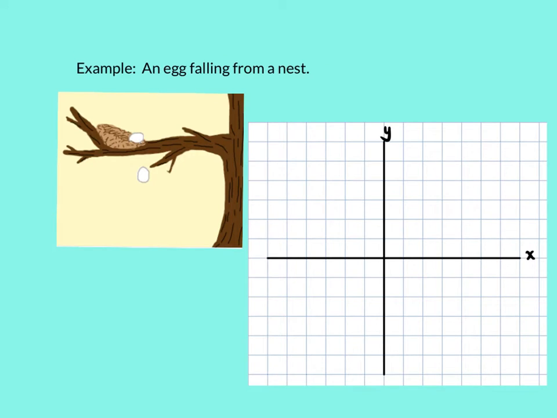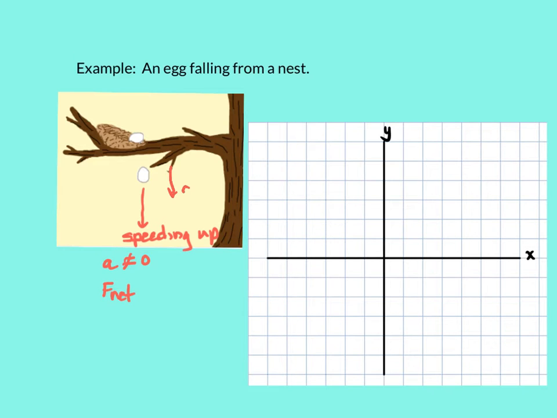How about an egg falling from a nest? This is going to be speeding up, right? It's going to get faster as it falls. So the acceleration is not 0, so we are going to have some sort of a net force. Well, what forces are acting on this egg?